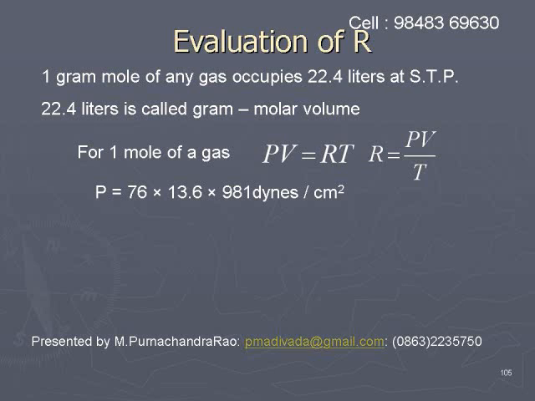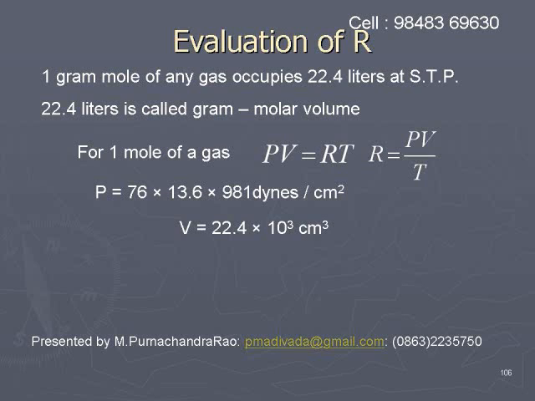P is the pressure. Atmospheric pressure is 76 centimeters of mercury. So, its value is 76 into 13.6 into 981 dynes per square centimeter in the CGS system.